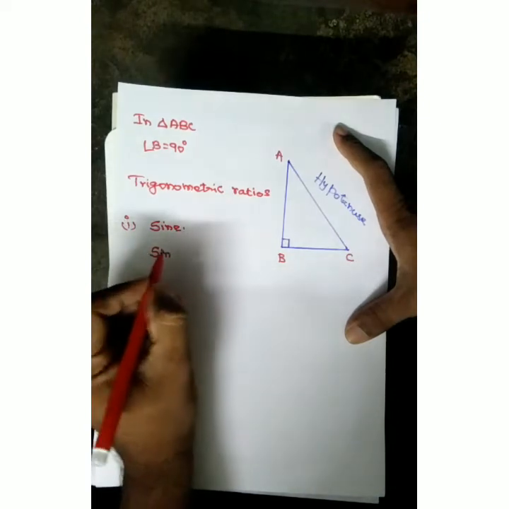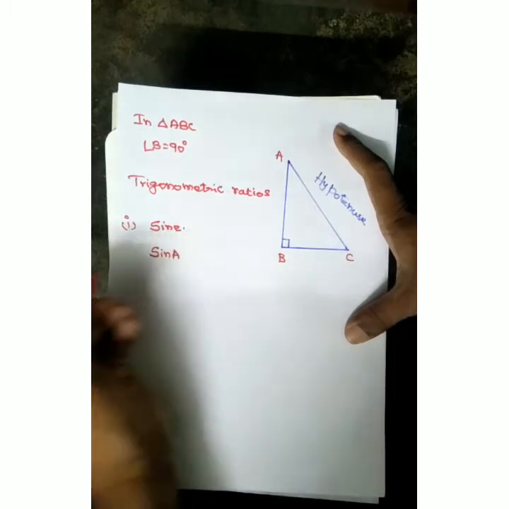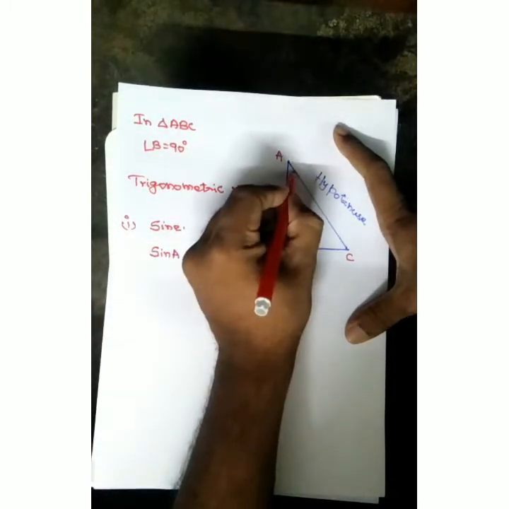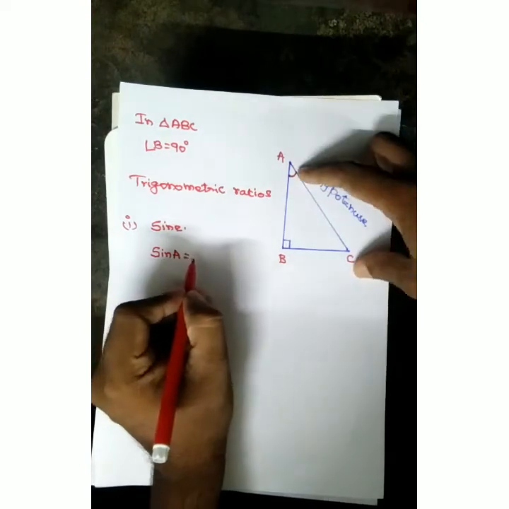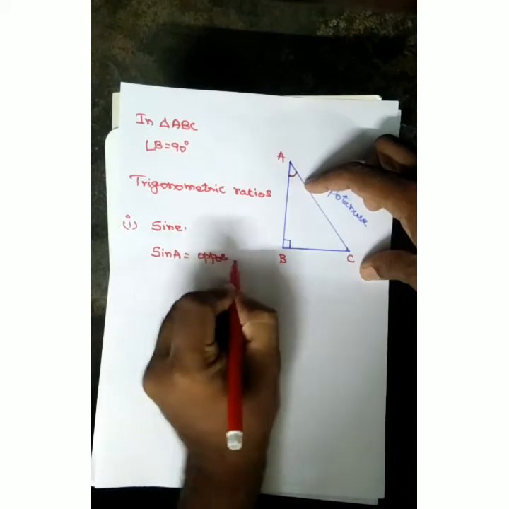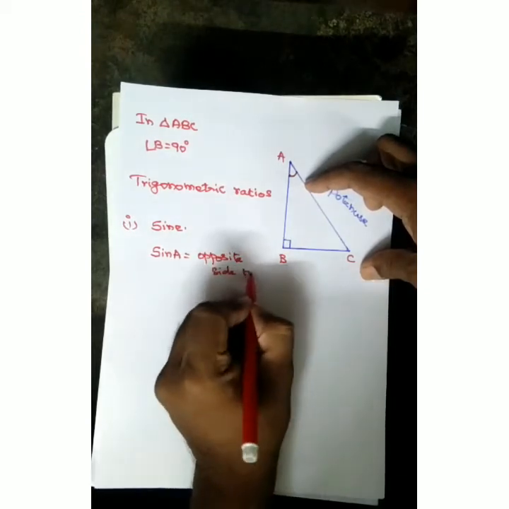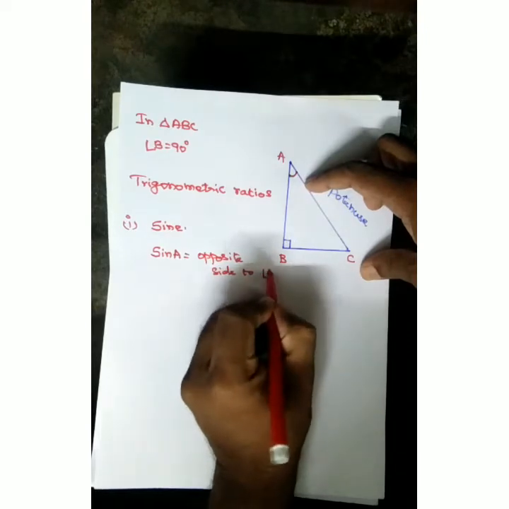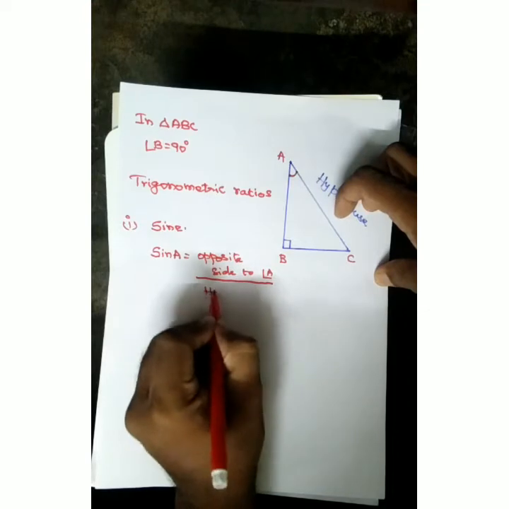With respect to A, it is indicated as sin A, the relation between angle A and sine A. Sin A is nothing but the opposite side to angle A by hypotenuse.